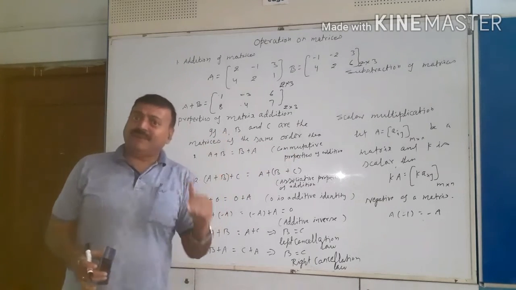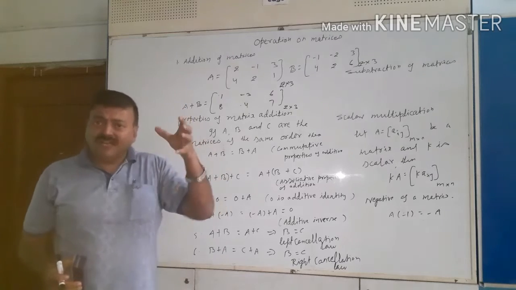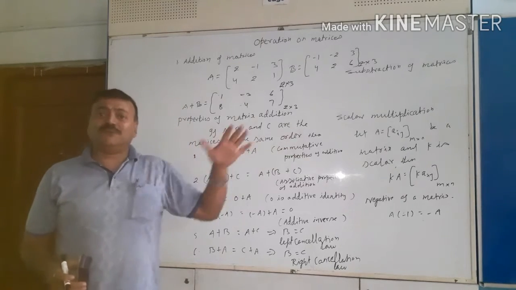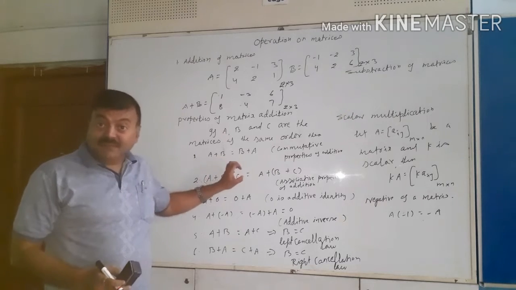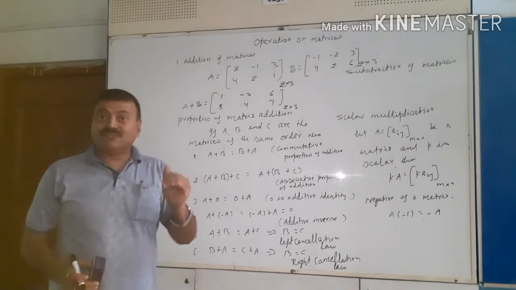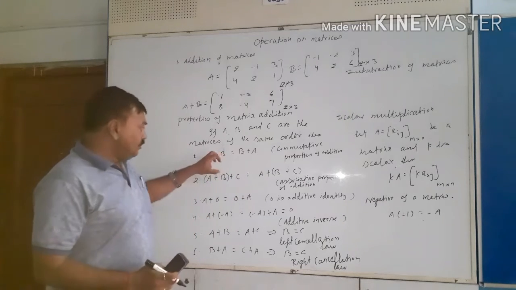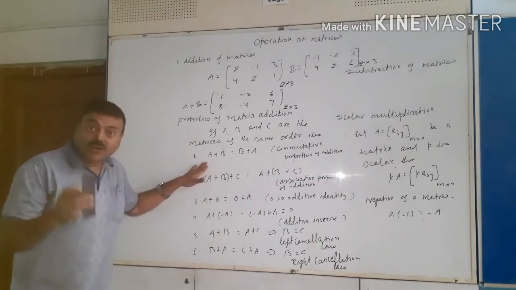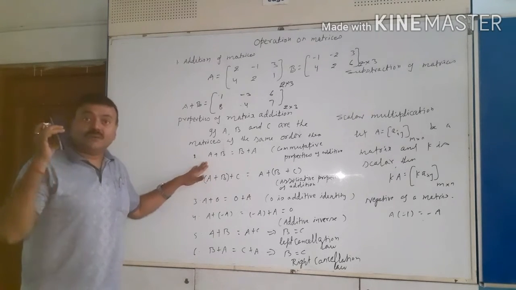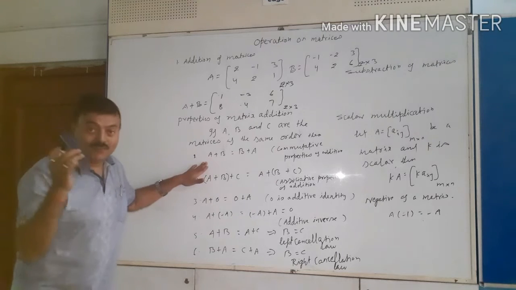We are familiar with it from class 6. A and B are both matrices of the same order, so the addition of matrices also follows the commutative rule.